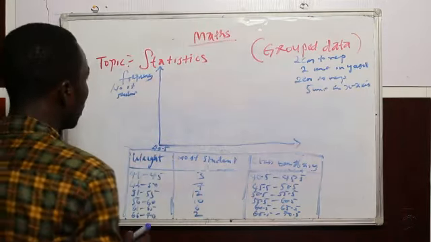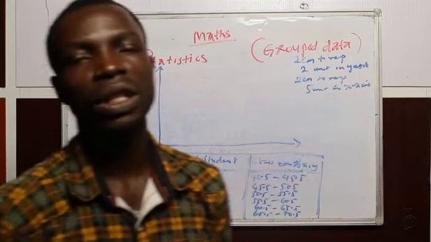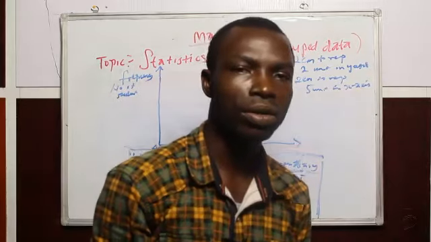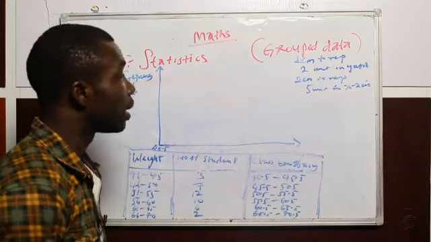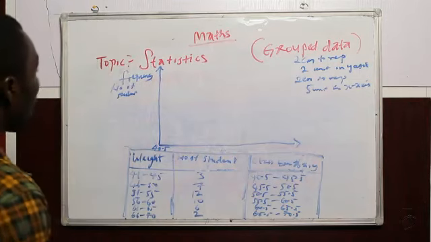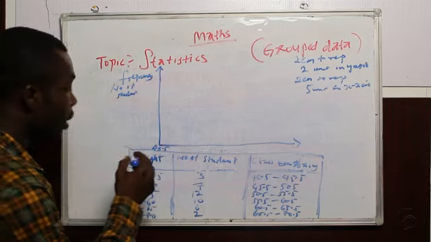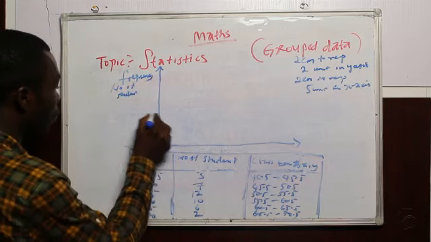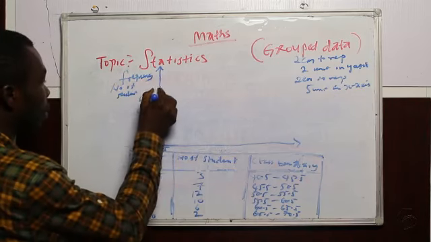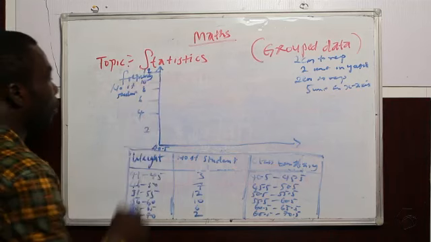Now, we use 2 centimeters to represent 2 units on our y-axis, where we represent the number of students. So we start from, look at my hand, we have 2, 4, 6, 8, 10, then 12.